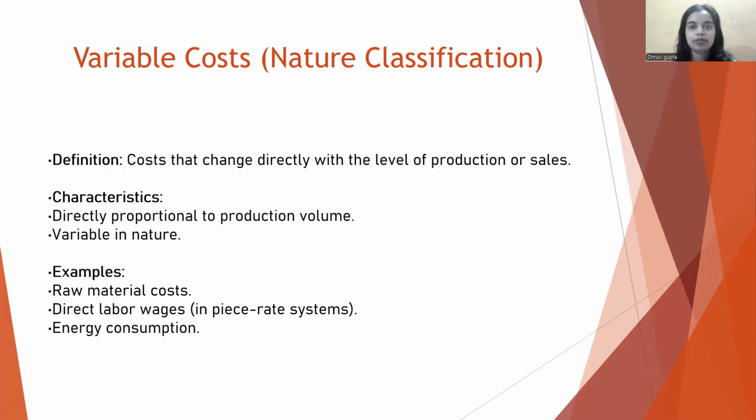And if a second person produces or fixes 10 pieces, he will get the price according to the 10 pieces he installed or produced. So it is called the piece rate system. Next is energy consumption. If the production is low, the energy consumed will be low, but if the production is large, then the energy consumed will also vary. So variable costs are those costs which change directly with the level of production or sales.